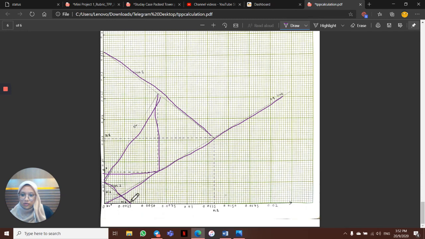The intersection of the slope and the equilibrium line gives xI2 and yI2, while y2 star is found when you drag down the point from the slope to the equilibrium line, and it is 0.